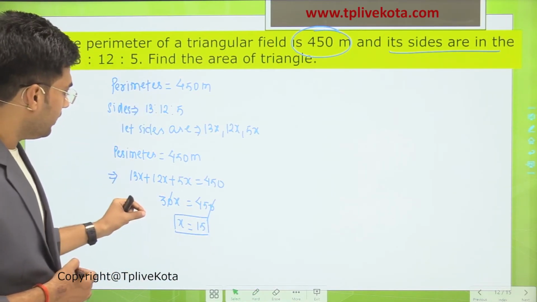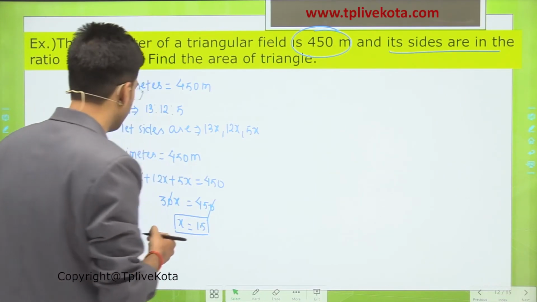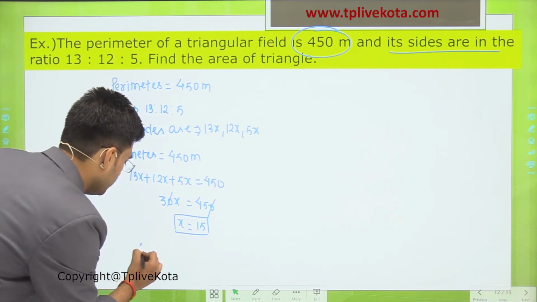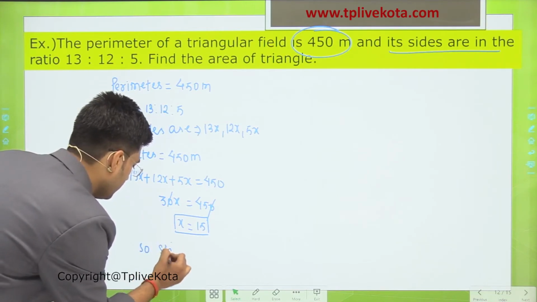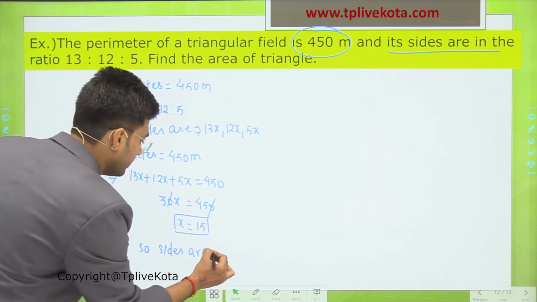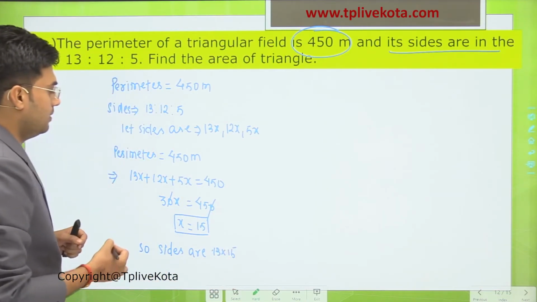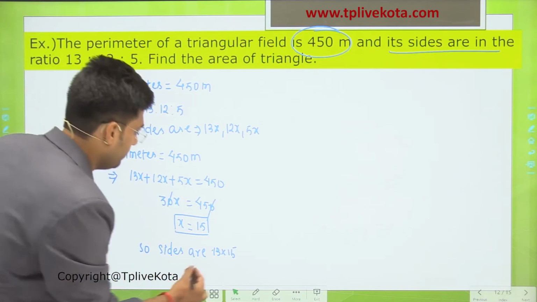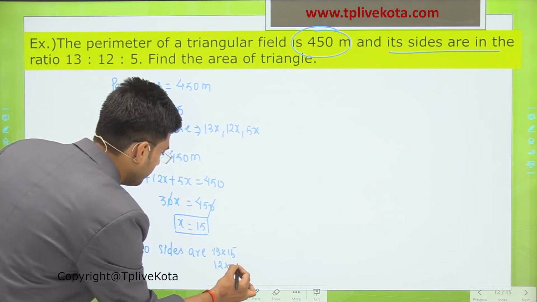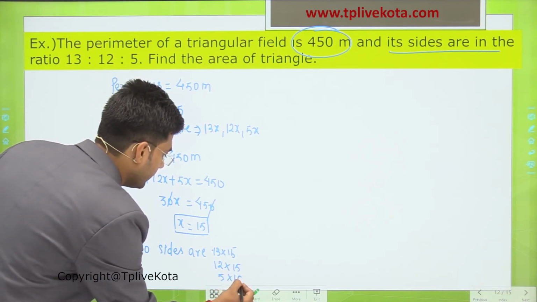Okay. If x is equal to 15, then what are the sides? The sides are 13 multiplied by 15, 12 multiplied by 15 and 5 multiplied by 15.